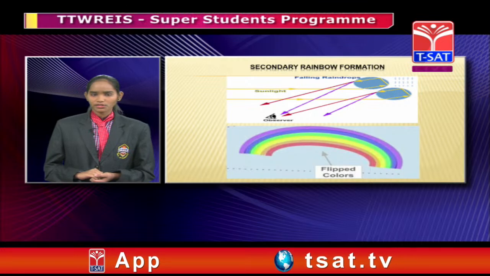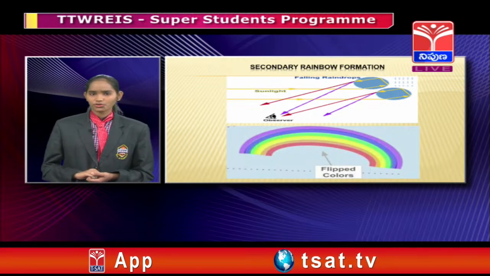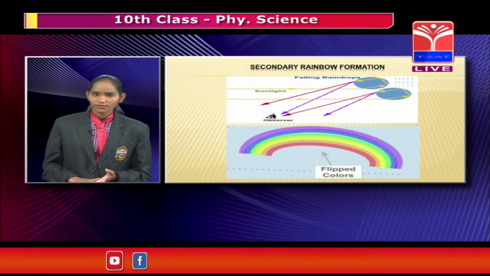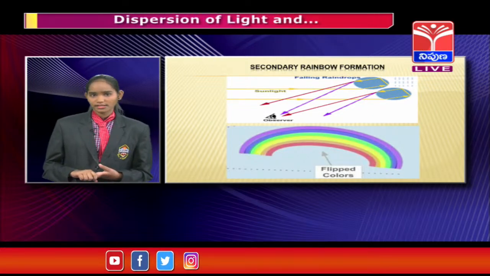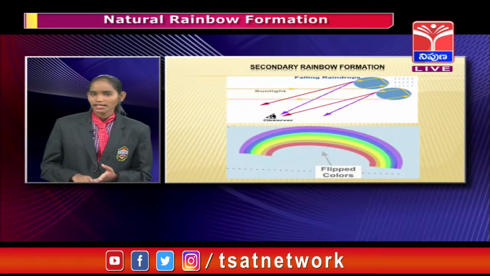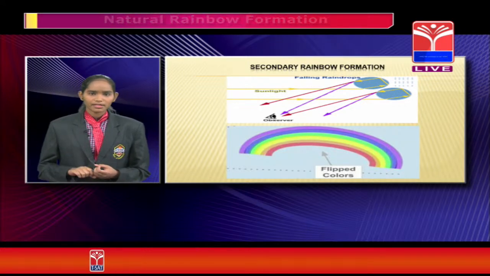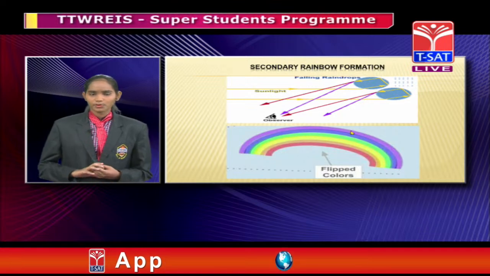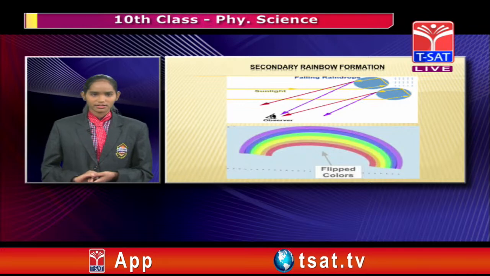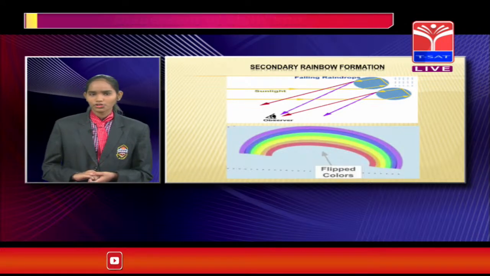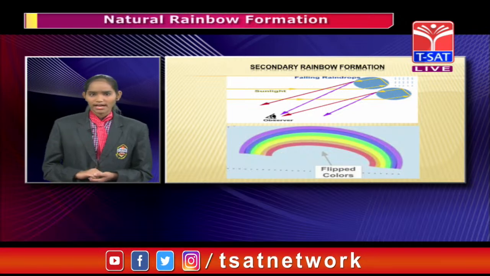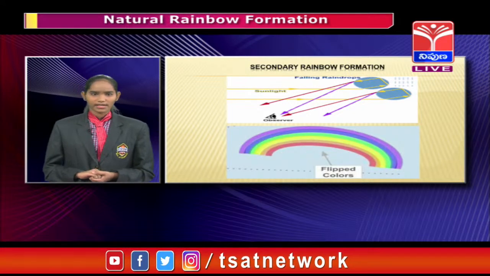The process of the secondary rainbow is due to a 4-step process, that is 2 refractions and 2 internal reflections. So, this is all about the primary rainbow and secondary rainbow. The primary rainbow is due to a 3-step process, refraction, reflection and refraction. The secondary rainbow is due to a 4-step process, that is 2 refractions and 2 internal reflections.